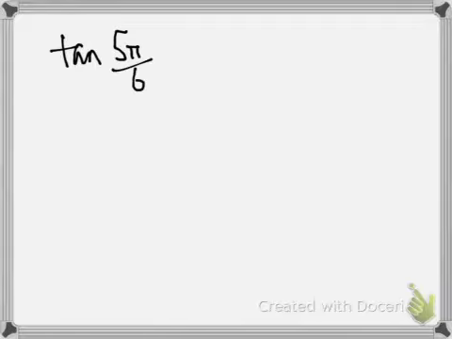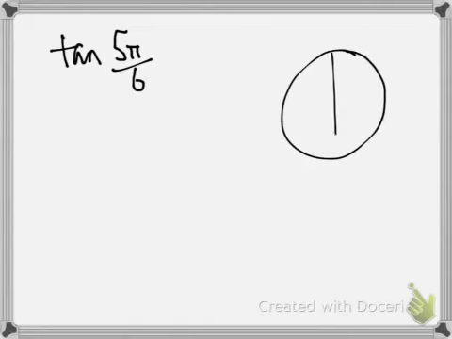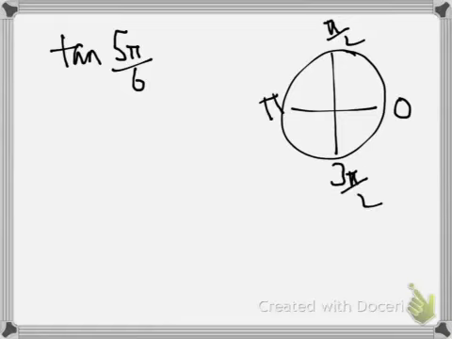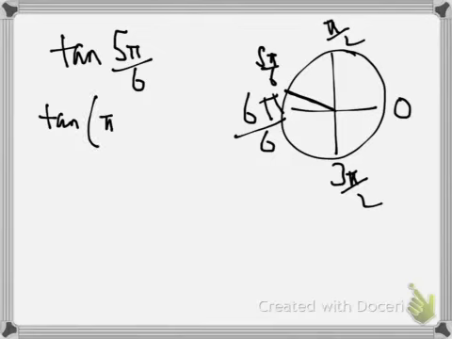Alright, CAST diagram. Okay, we've got 0, pi on 2, pi, 3 pi on 2. Now remember, pi is 6 pi on 6, so 5 pi on 6 is in that second quadrant there. The difference between those two is pi on 6, so it's the same as tan of pi minus pi on 6.